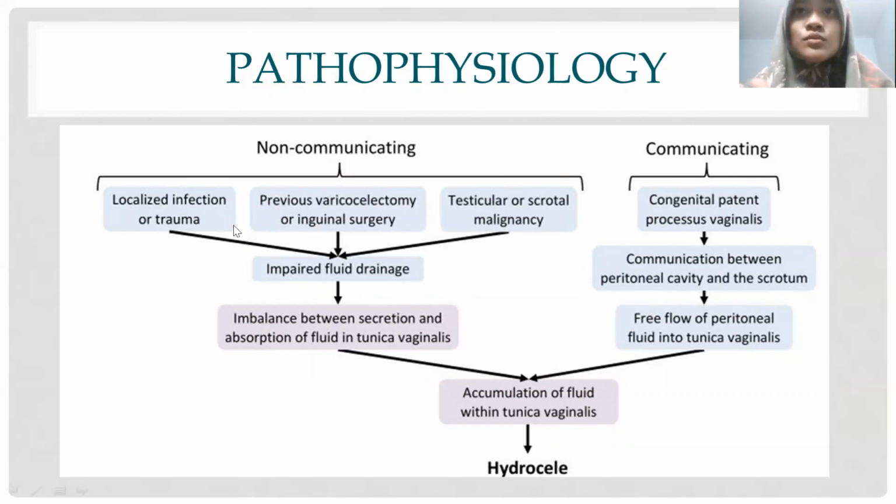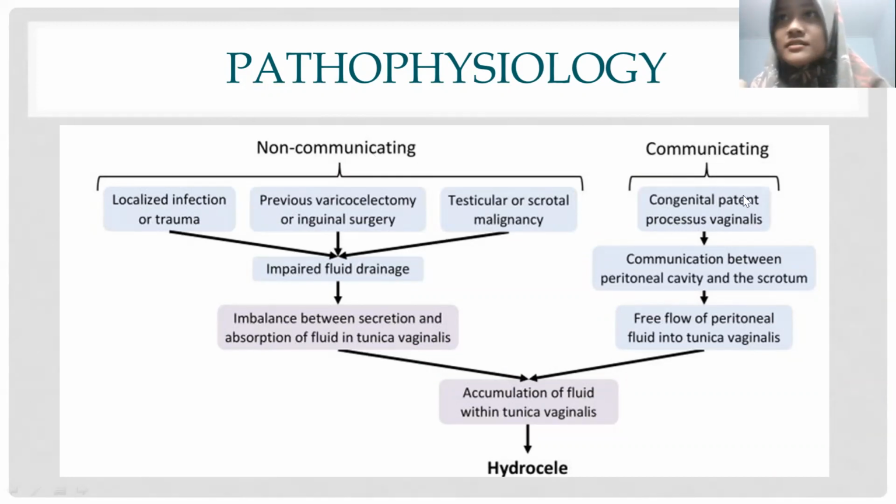All these three causes can cause impaired fluid drainage, and impaired fluid drainage can cause an imbalance between the secretion and absorption of fluid in the tunica vaginalis. This imbalance can cause the accumulation of fluid within the tunica vaginalis.